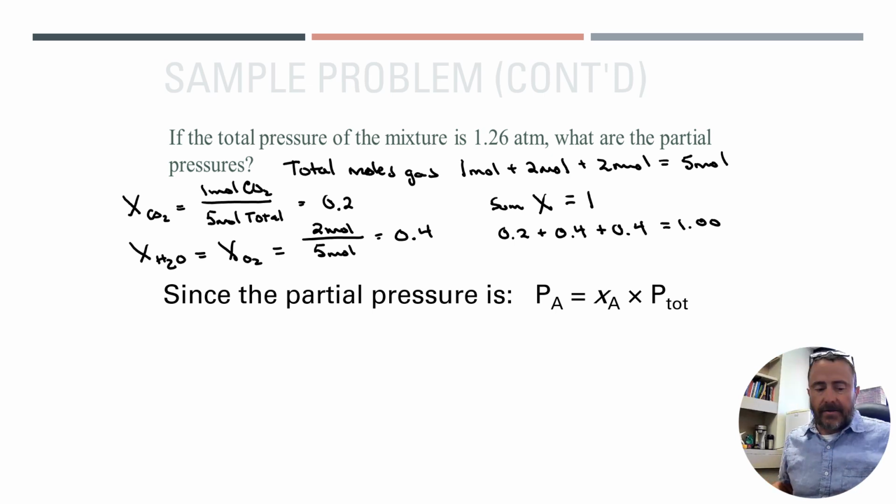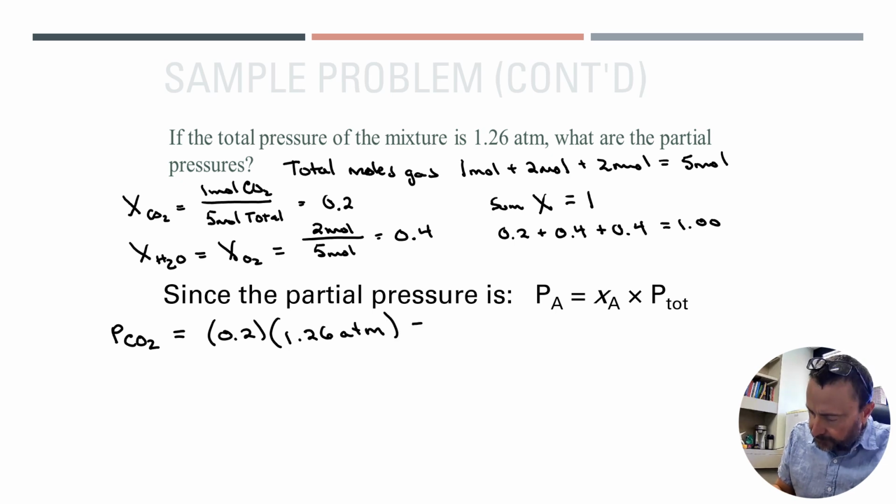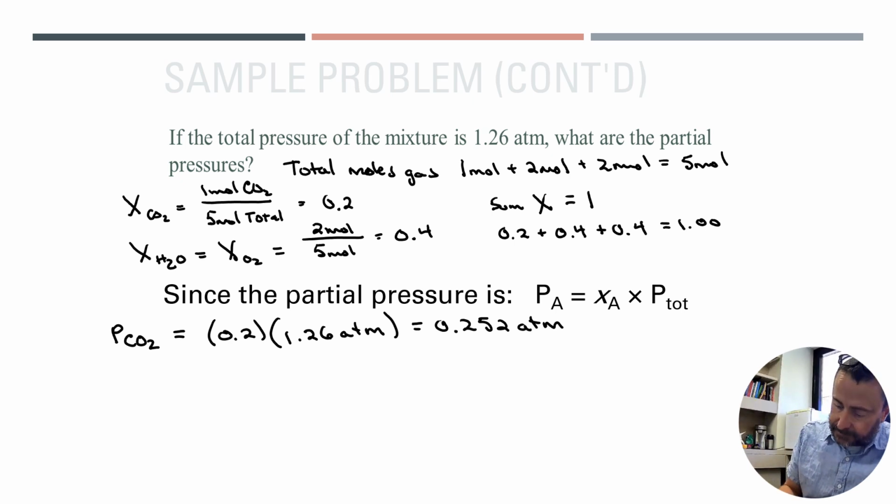Now we've got the total pressure and we have the mole fractions of each one of these. So the partial pressure for CO2 is the mole fraction of the CO2, which is 0.2, times the total pressure, 1.26 atmospheres, which is 0.252 atmospheres.